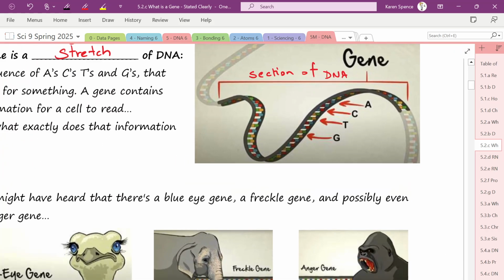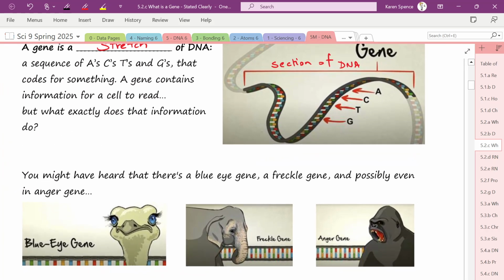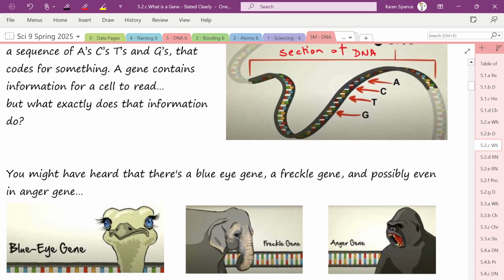There's a blue-eye gene, a freckle gene, possibly even an anger gene. Well, to be honest, eye color is actually a really complicated thing. There's many genes involved in eye color. Plus, eye color can change over time based on your age, based on your environment, various things like that. When my son was born, he had these really slate gray eyes, and then they turned olive green, and now they're brown.